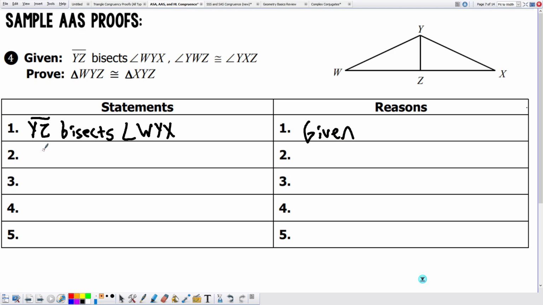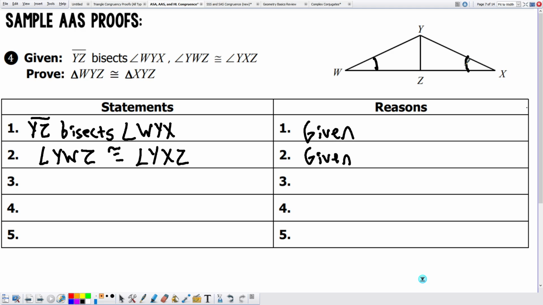We also have the fact that angle YWZ is congruent with angle YXZ. That's also given. So let's write down those facts. Angle YWZ, this angle right here, is congruent with YXZ here.